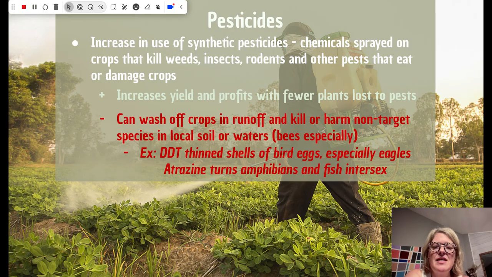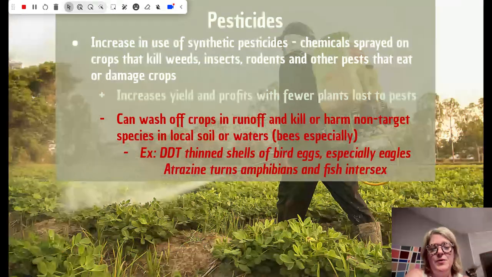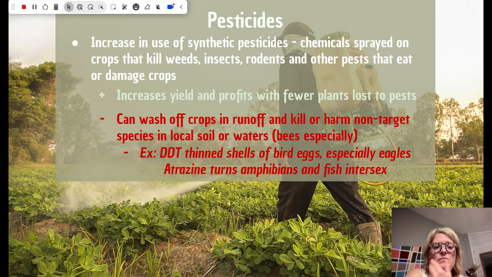Another very famous example is DDT. DDT was sprayed on crops, and then it worked its way up the food chain where it was basically killing off all of our bald eagles. So we had a really steep decline in the bald eagles, which is our national symbol, national bird. A really famous book by the name of Silent Spring by Rachel Carson was written to address this problem.